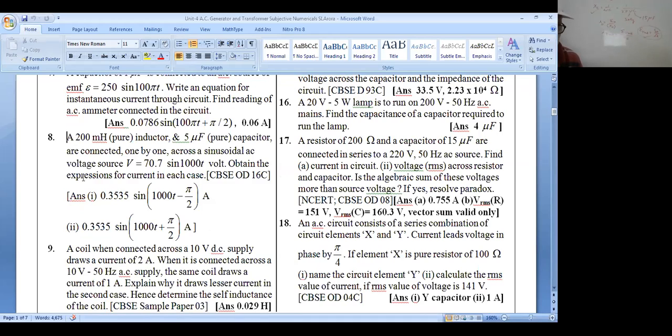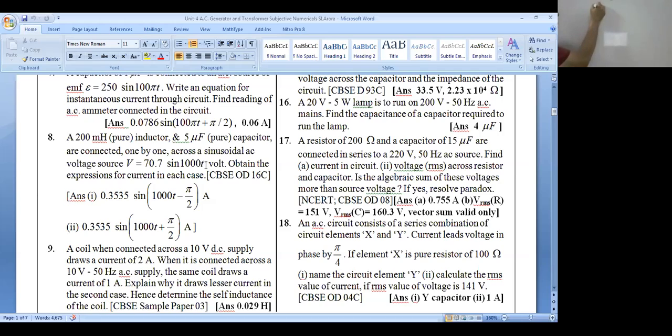An inductor L of 200 millihenry is the inductance, and 5 microfarad is the pure capacitance given. XL is omega L and XC is 1 by omega C. We are connecting the inductor and the capacitor one by one across a sinusoidal AC voltage. AC voltage means V equals V naught sin omega t.